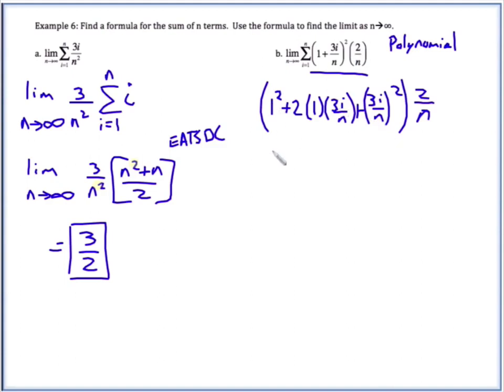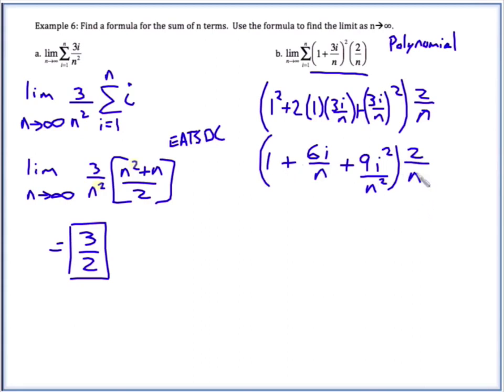Let's go ahead and simplify this a little bit. So this is going to be 1 plus, let's see, 2 times 1 times 3 is going to give me 6i over n. And then here, if we square this, that's going to give me 9i squared over n squared. And then this is all still multiplied by 2 over n.